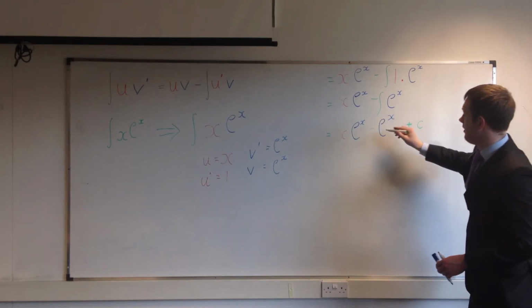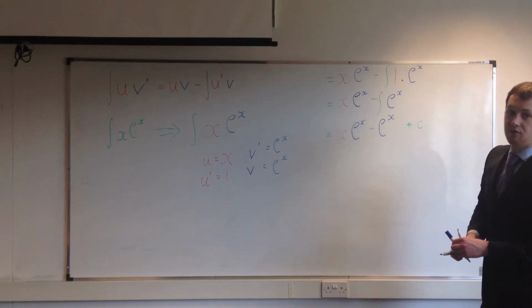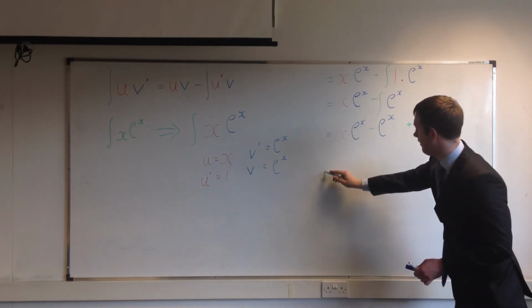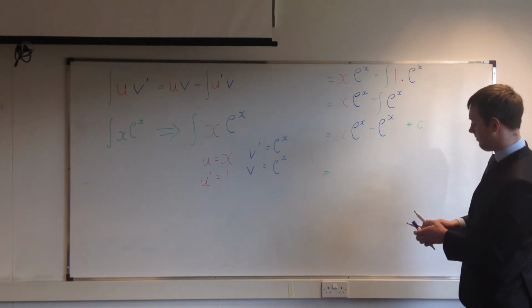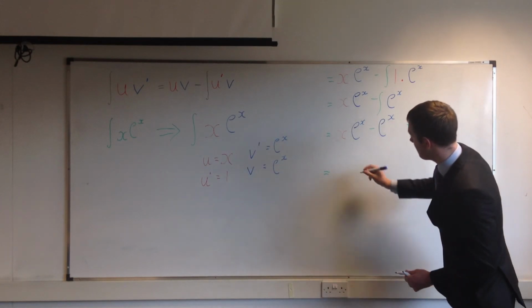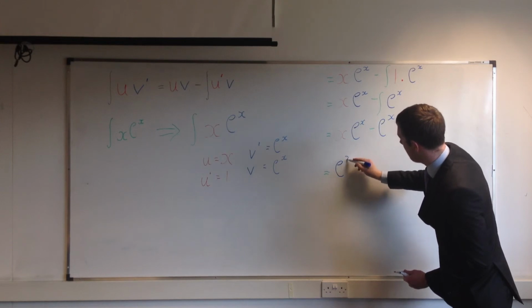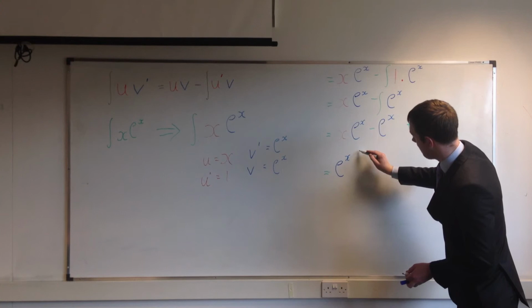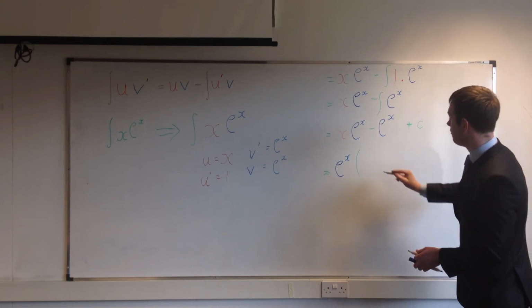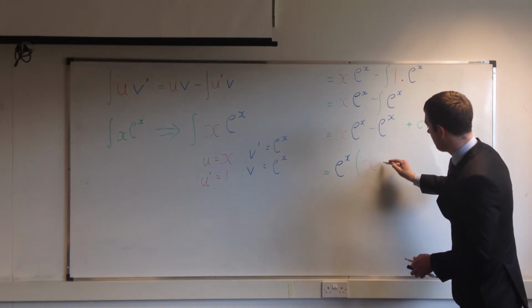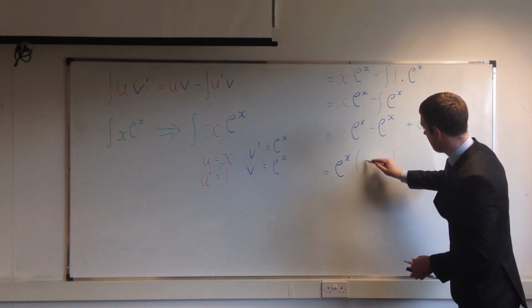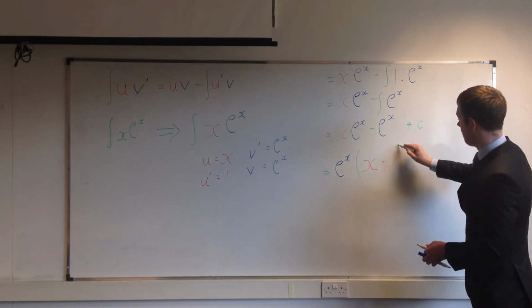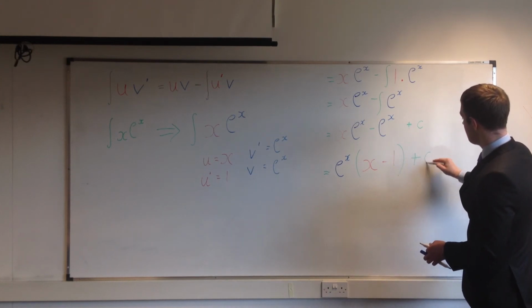Now this can also be simplified further. If we take out e to the power x, we end up with e to the power x times by x minus 1, plus c.